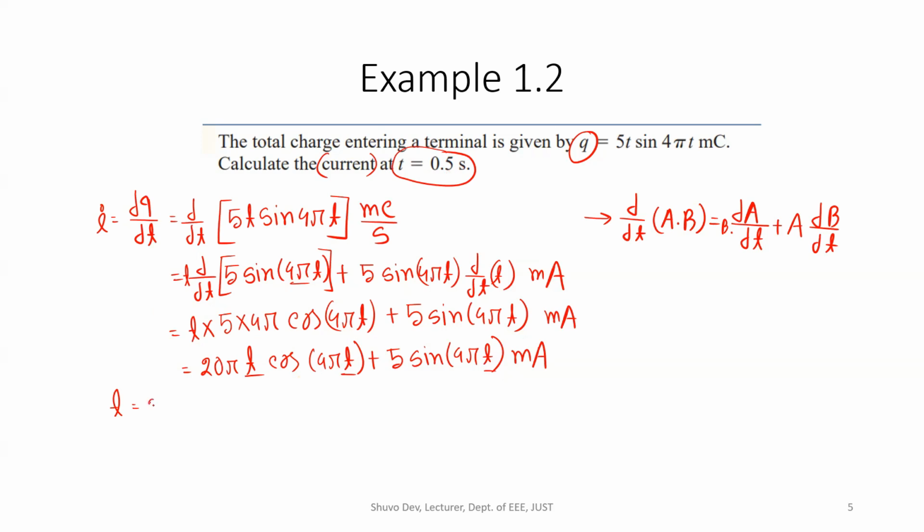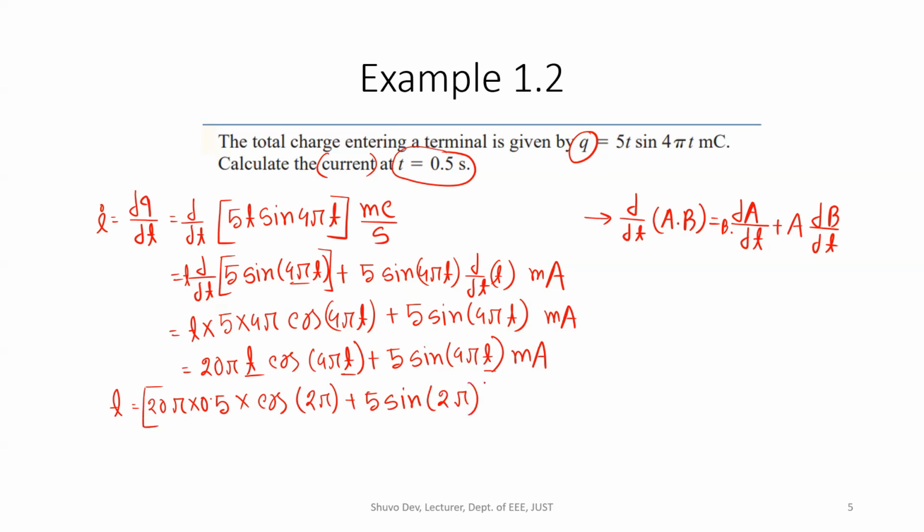So it will be 20 pi into 0.5 into cos of 2 pi. Then 5 sine, also it will be 2 pi.